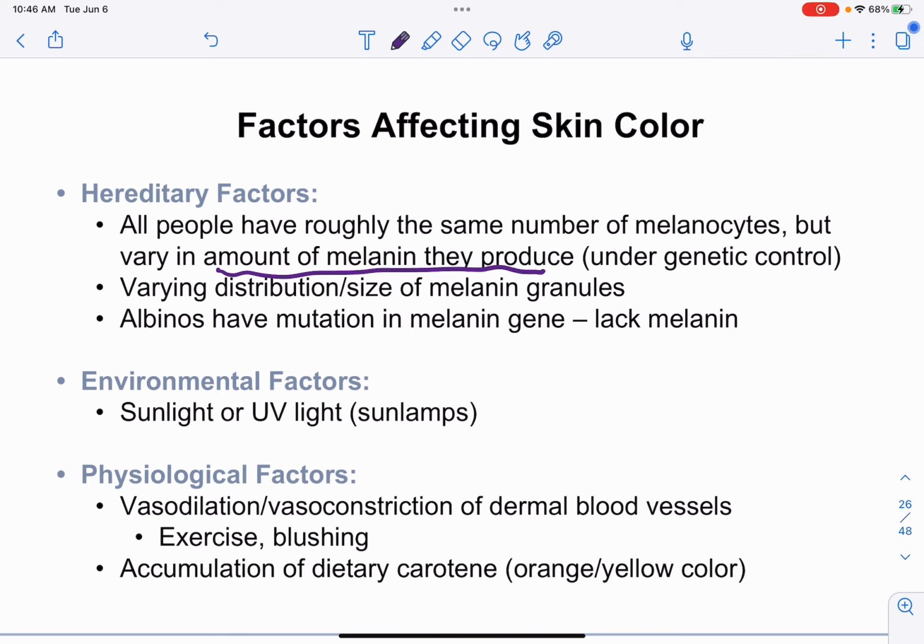So there has to be this very delicate balance, because we do need some exposure from UV to make vitamin D. So vitamin D is very necessary for our bone health, but we don't want too much of it in that we get cell mutation.